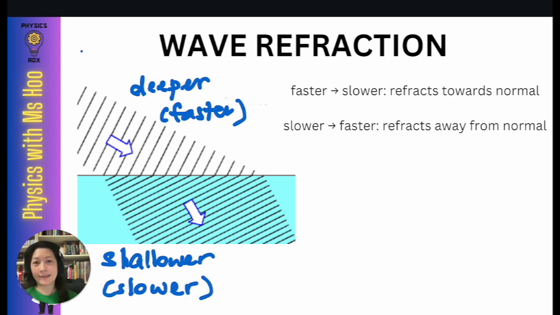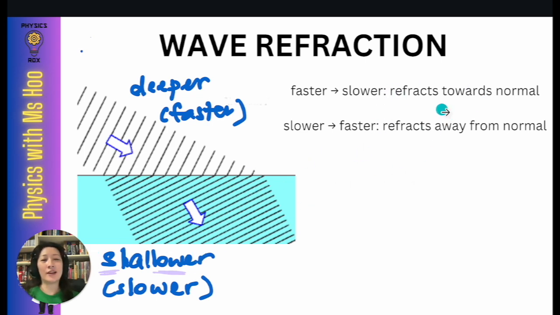In case you cannot remember which one's faster and which one is slower, here's a little hack for you to remember. You see the word shallower or shallow already has the word slow or slower in there. So shallow, slow. So that's how you can try to recall that, yeah, shallower means slower.